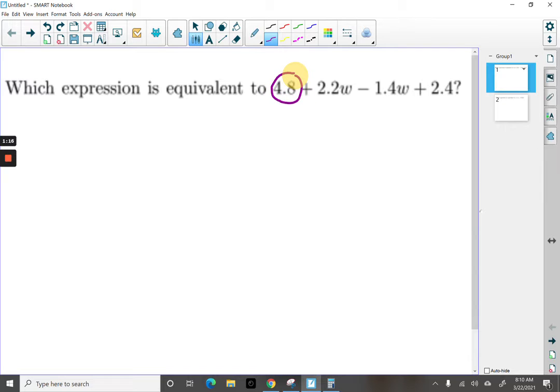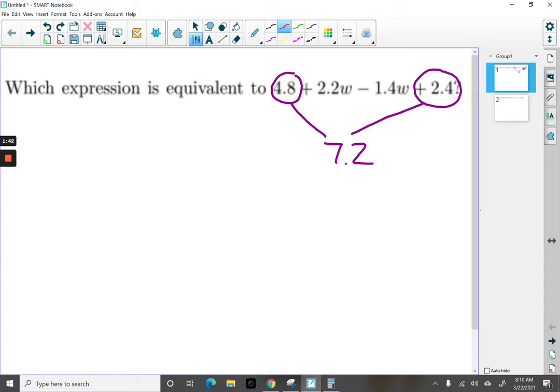We have this 4.8 here and this positive 2.4. We can take those terms and combine them. In this case, we add them together: 4.8 and 2.4, that's 7.2.